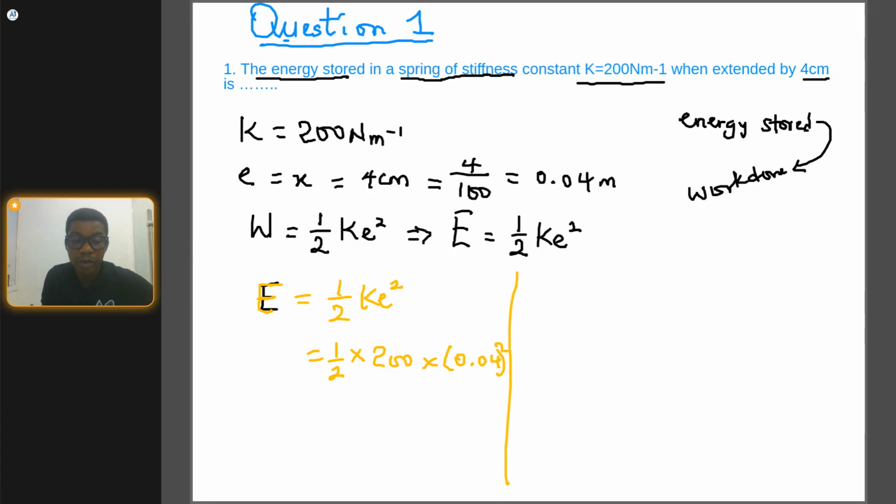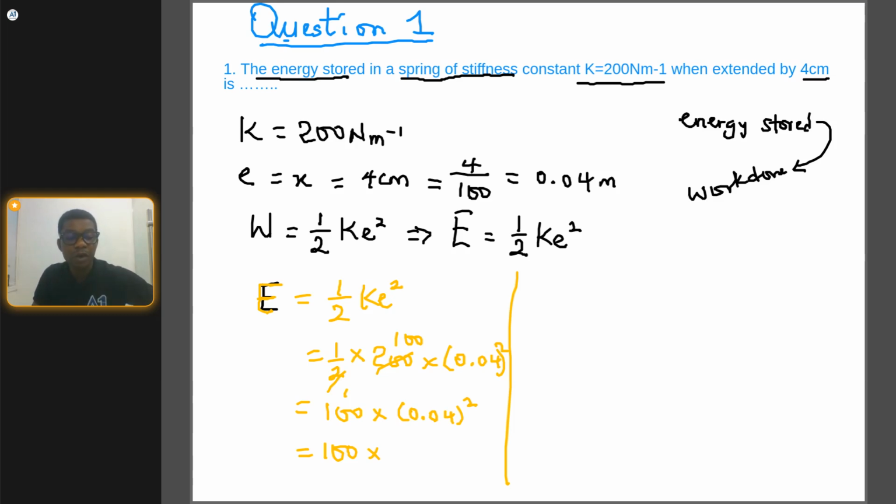Let's write the square very well, all squared. And this will be 1 over 2 into 200, that is 100. We'll be having 100 multiplied by 0.04 bracket all squared. We need to simplify what is 0.04 all squared.